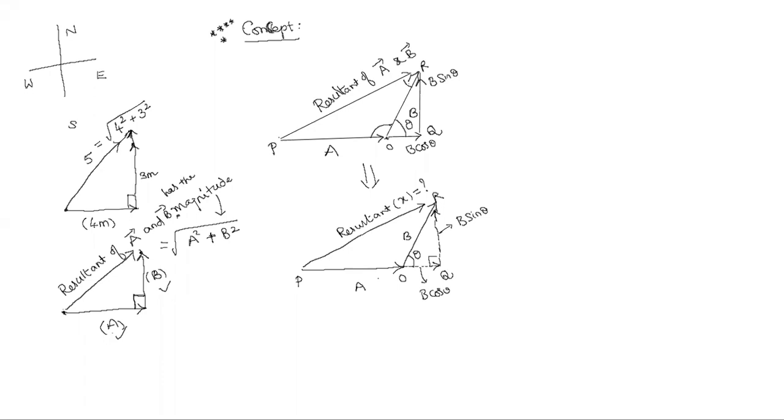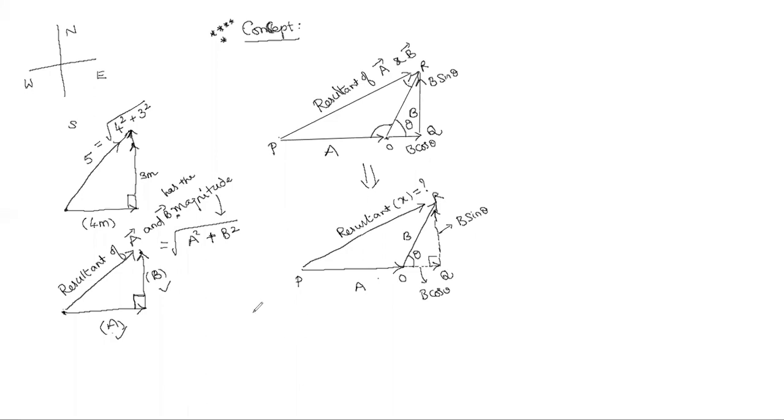Sir, once explain how you take B sin theta and B cos theta. Mr. Amog will explain. Now again, Amog, come back. Here someone is asking how to get that B cos theta and B sin theta.